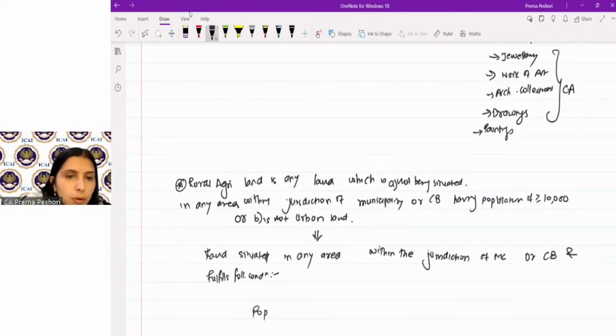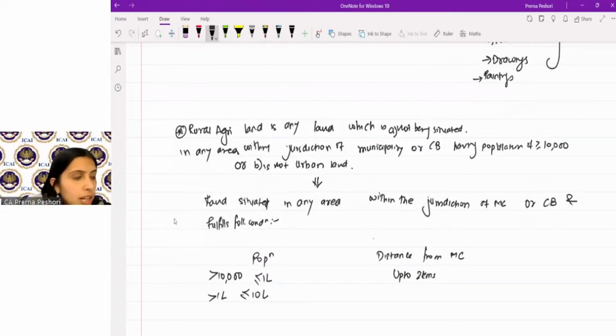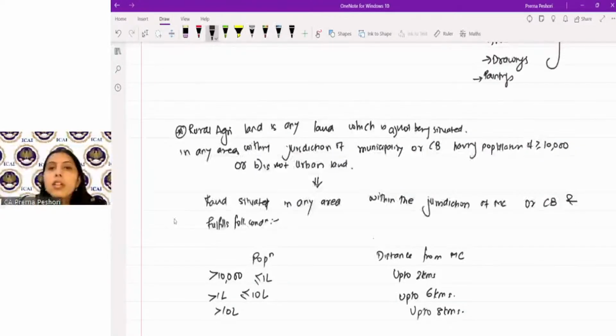So there are the limits for the population and distance from the municipal corporation, right? So greater than 10,000, less than or equal to 1 lakh, up to 2 kilometers. Greater than 1 lakh, less than or equal to 10 lakh, up to 6 kilometers. Greater than 10 lakhs, up to 8 kilometers. Are we clear?